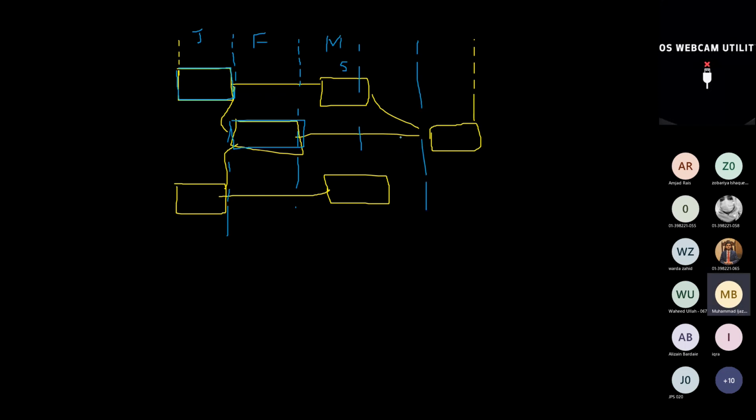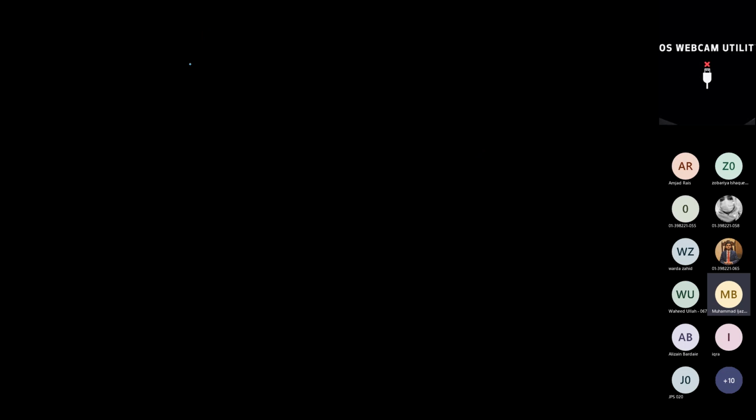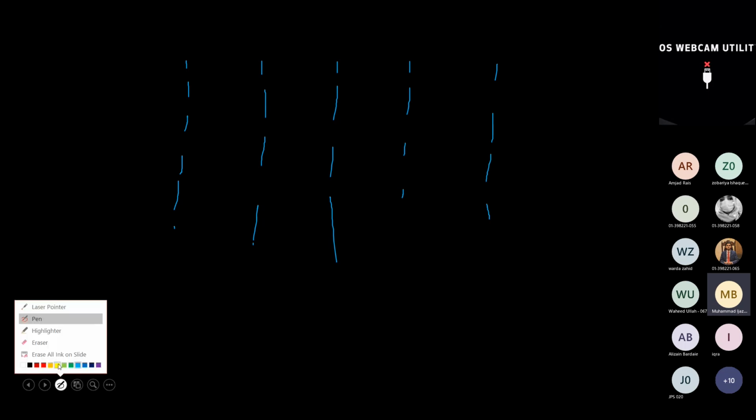But mostly what we use as a schedule baseline has time divisions like this: first month, second month, third month, fourth month. Then we see which activities are planned during this.